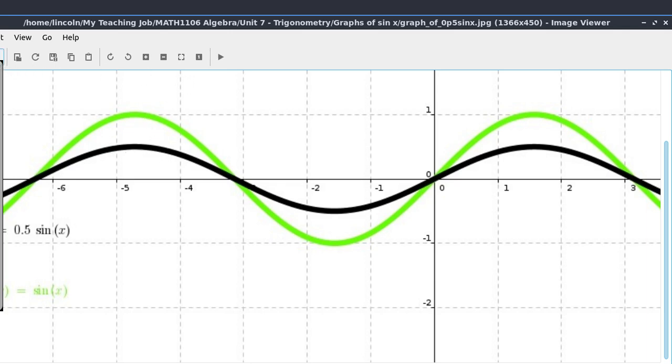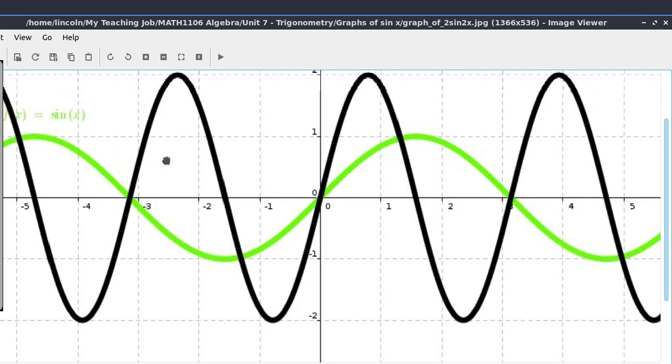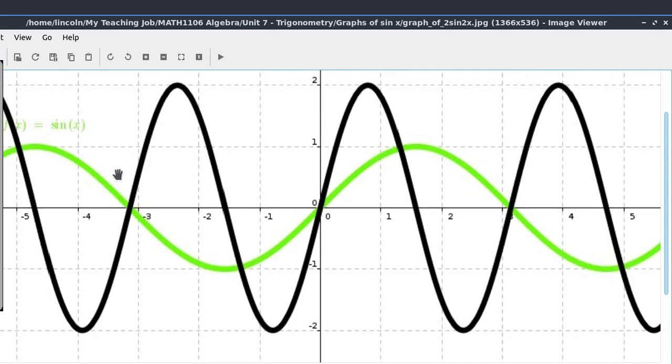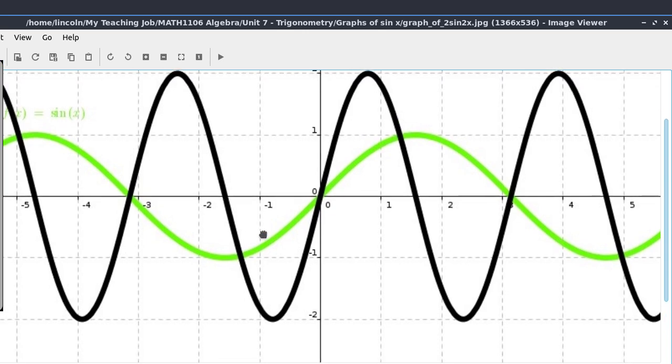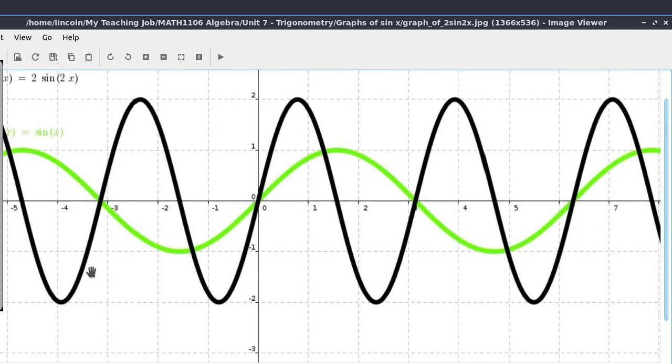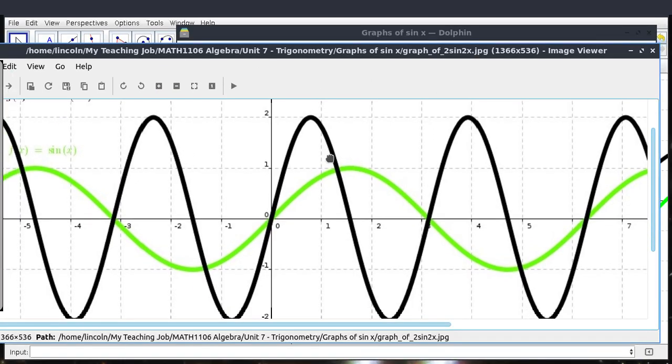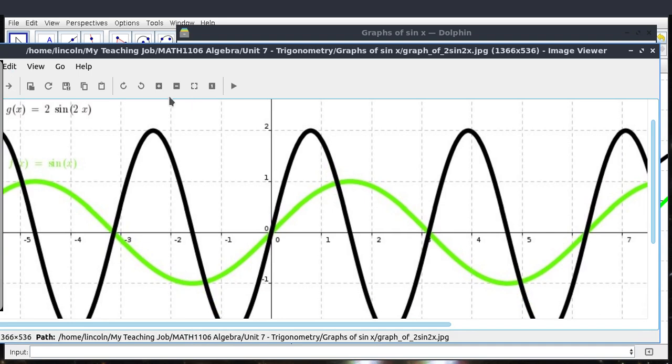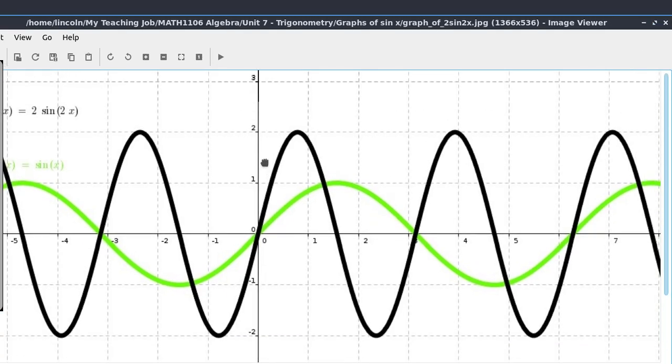Now, if we go to the next graph, the original graph is sine x, but the modified graph is 2 sine x. Okay, good. We're now able to see the function. Actually, 2 sine x. Because you can see this goes up to 1, the modified graph goes up to 2.